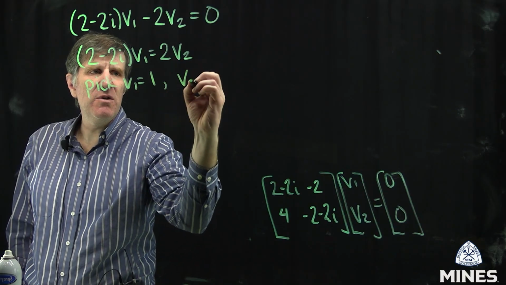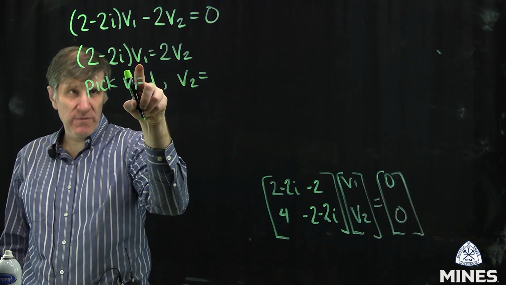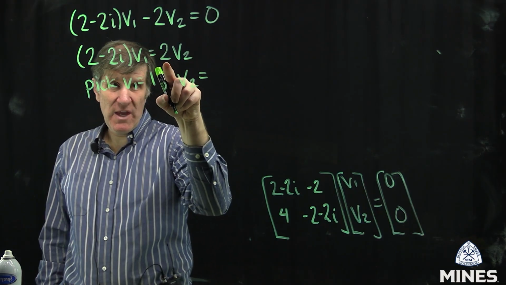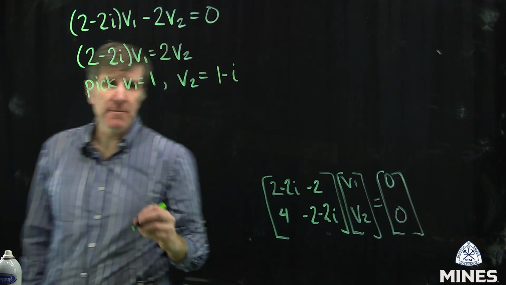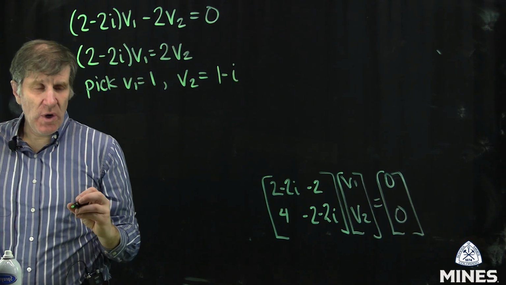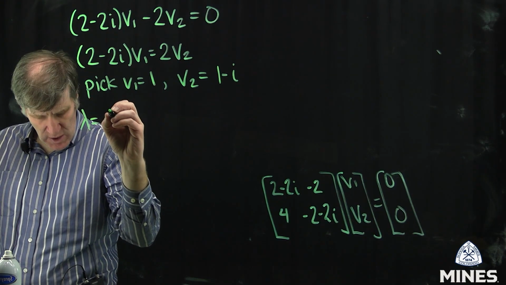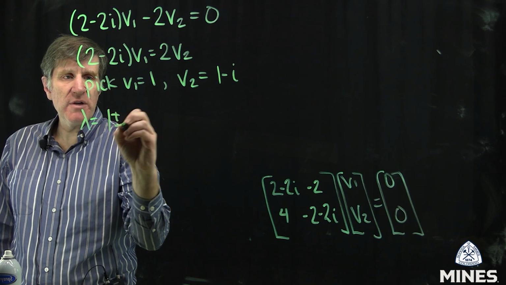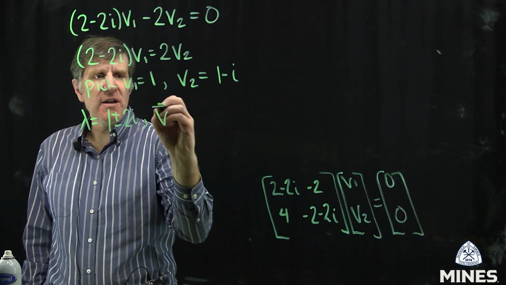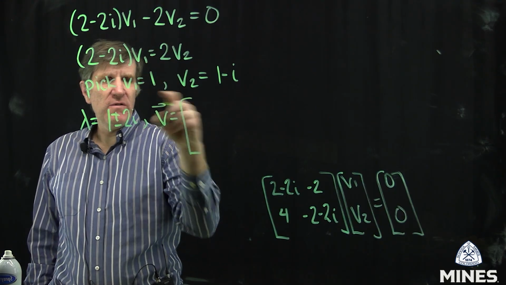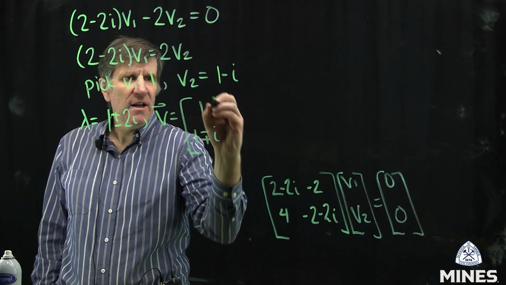Then if I divide through by 2 to solve for v2, I get 1 minus i. So we have lambda equals 1 plus or minus 2i as the eigenvalues. And the corresponding eigenvector is, if v1 is 1, v2 is 1 minus i.